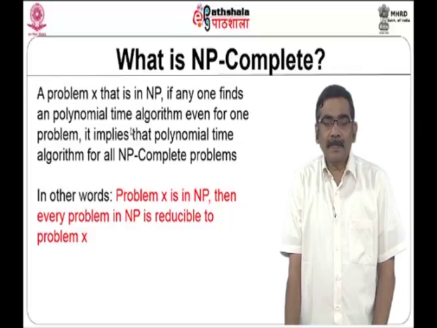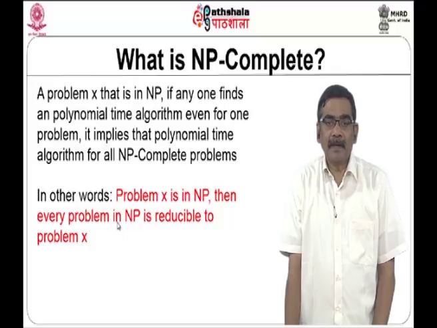We can also say that the problems in that complete set are so related that one problem can be reduced to another problem in polynomial time. So, the difference is very simple. NP-complete is a set of problems that are well related to each other.